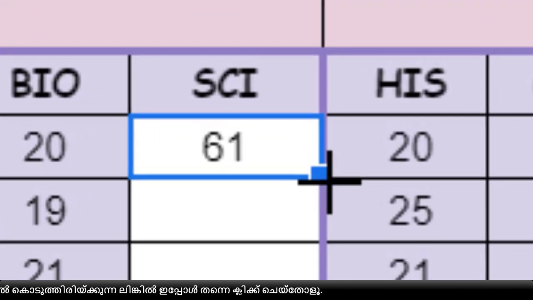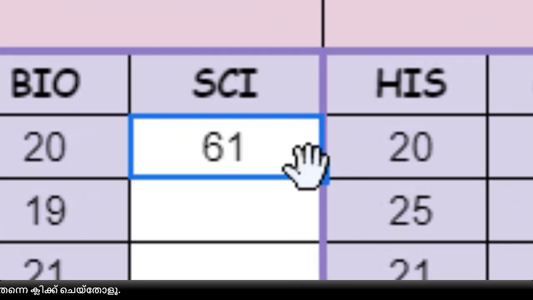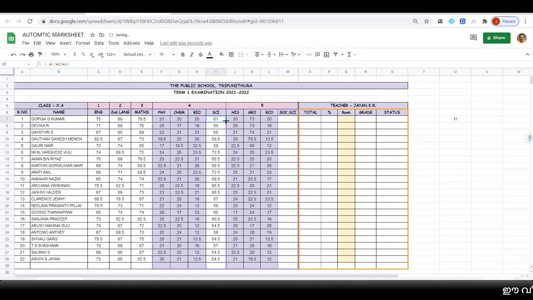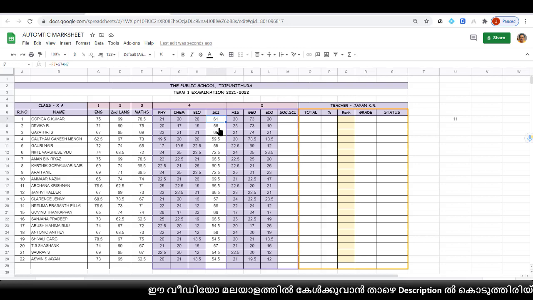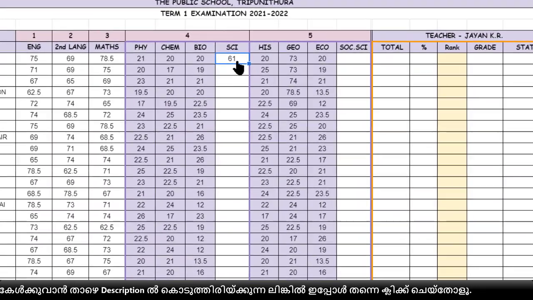You can see a small blue square in the corner. When you bring the cursor, it becomes a cross, then double click. All the calculations will come as far as there are marks on the left side. The second method to add the column, I will show you again.